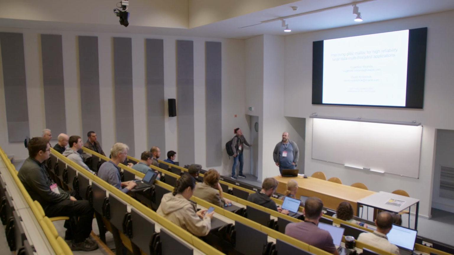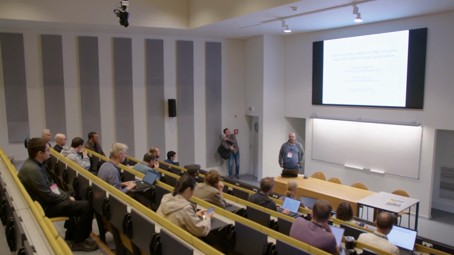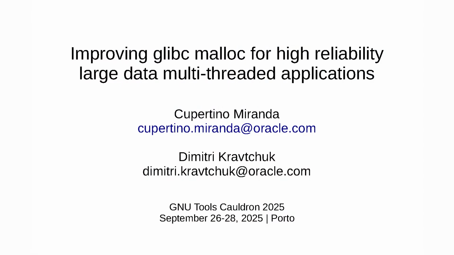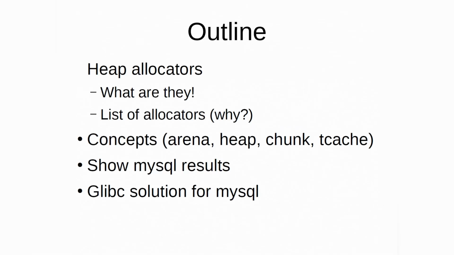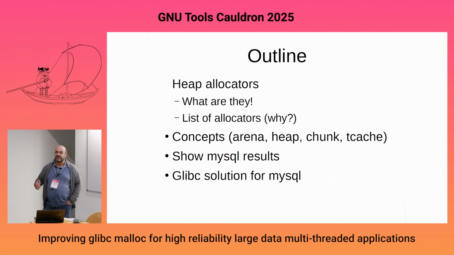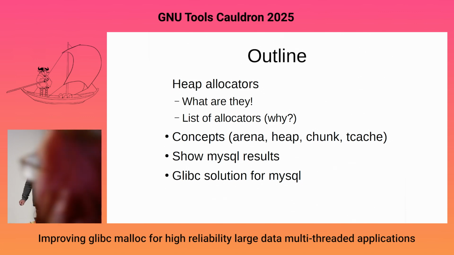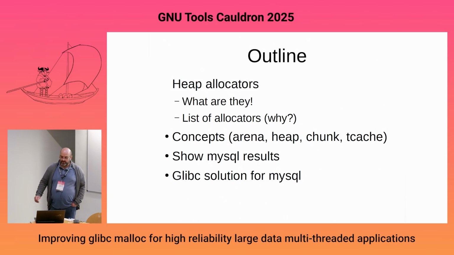So in this talk I'll explain a little bit what I've been doing the last year, part-time. I've been working with Dimitri on transferring the MySQL application to actually use glibc. Throughout the talk I'll explain a little bit of the structure of glibc, not of glibc in particular, but of allocators in general, what they are, show a list of allocators, but go through a broad overview of the concepts of allocators, such that everyone can follow and understand.